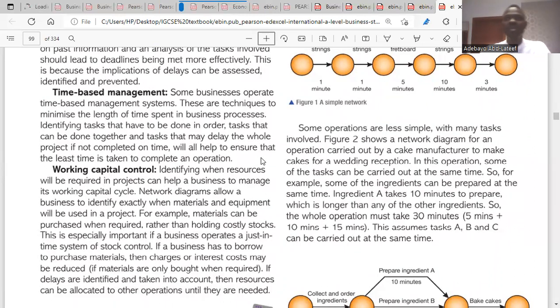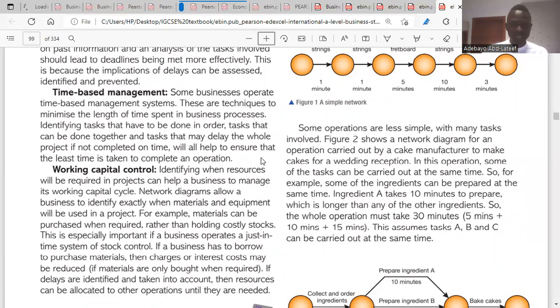So time-based management is this. We already know that the time within which we have to complete this project is 7 days. So within that 7 days, whatever is going to cause a delay has to be dealt with, it has to be put in order so that the time can be worked on.